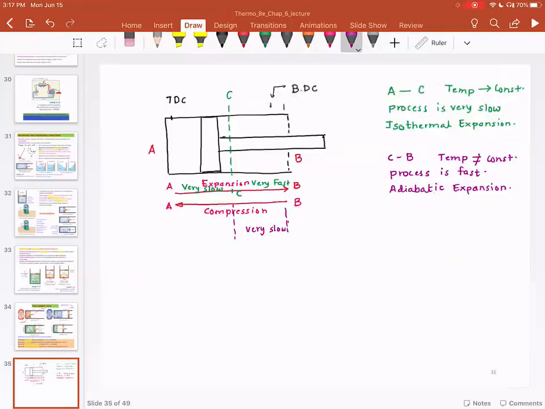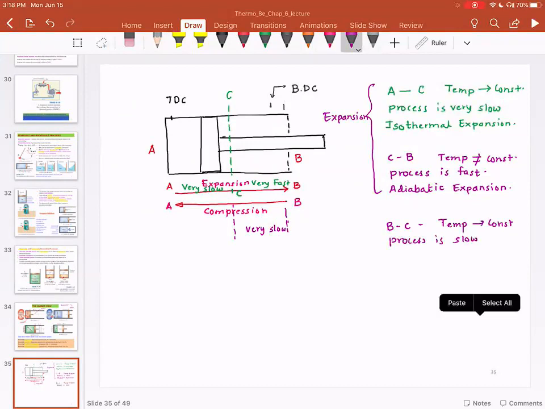So from B to C, the temperature is constant, the process is slow, and it's isothermal compression.